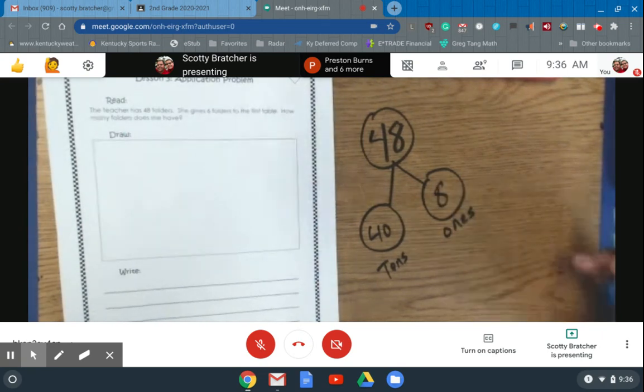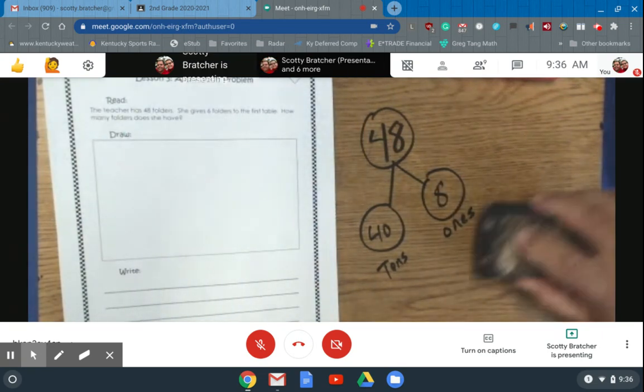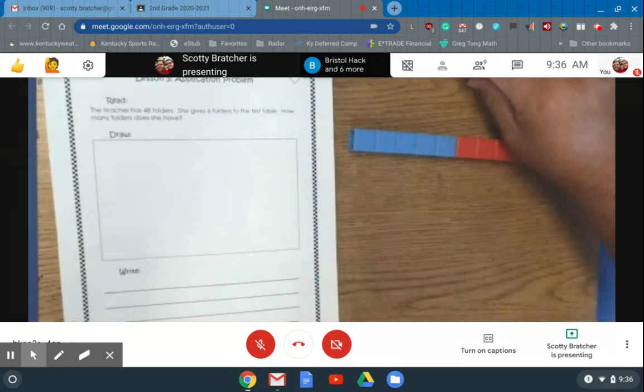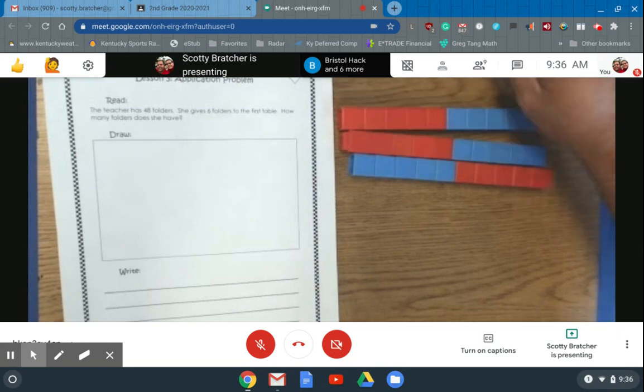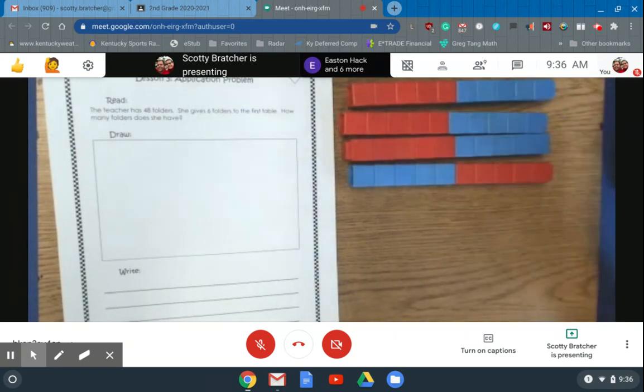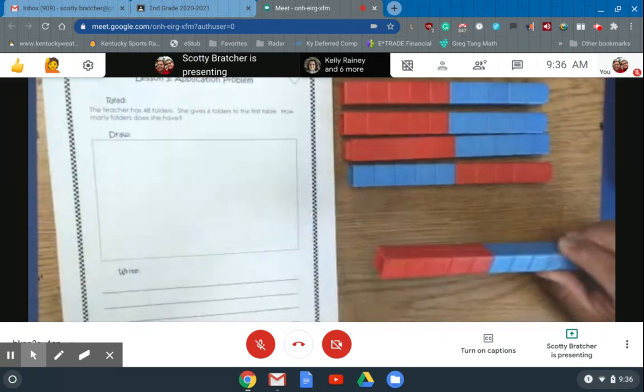Exactly. All right. So, I'm going to get me 1, 2, 3, 4 10s. Everybody see that? All right. And what else do I need? 8. Am I going to count them?